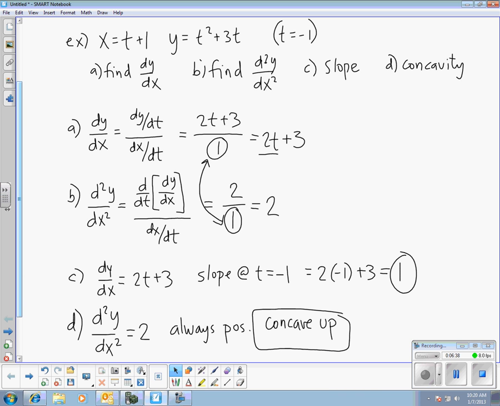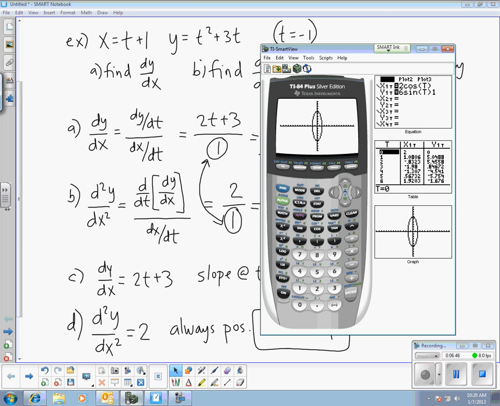So that's some just basic Calc 1 stuff that we are making Calc 2 by applying it to a parametric situation. So let's take a look at the picture just to kind of confirm some of this info. The equations we just graphed were t plus 1 and t squared plus 3t. Get a picture of it, and we get basically half of a parabola.